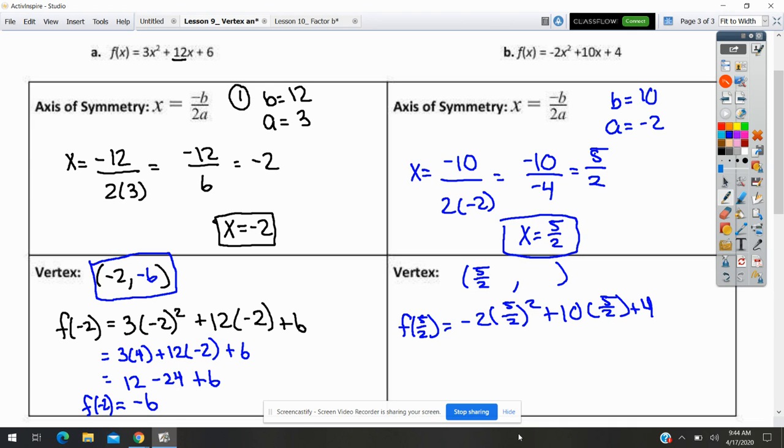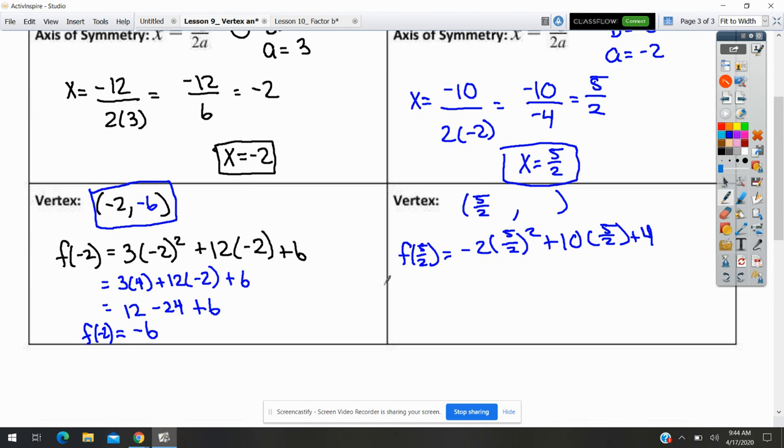Okay, I got my calculator. So first we're going to do exponents. So we have negative 2 times 5 divided by 2 squared. That's 6.25 plus 10 times 5 over 2 plus 4.